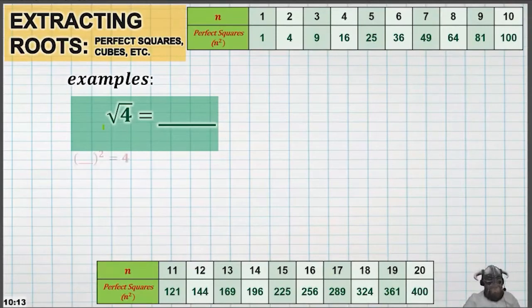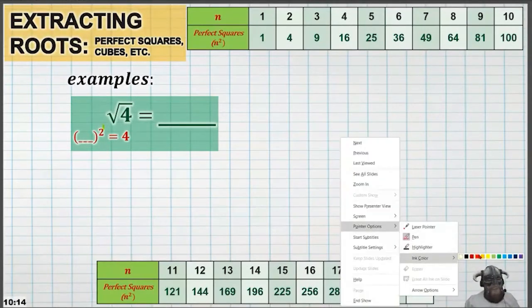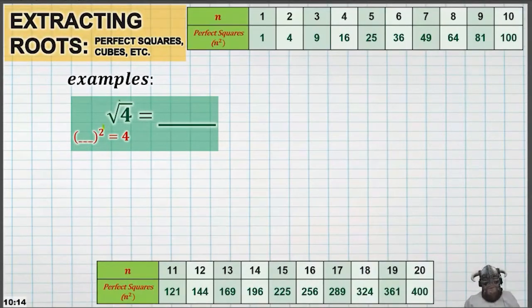But before we get that as a final answer, kuhain muna natin yung idea. Bakit 2 yung naging sagot? So, when we talk about roots or in this specifically square root, kapag square root yung pinag-uusapan natin, iisip ka ngayon ng number na pag ini-square mo, kasi nga square root eh, pag nag-square ka, ang sagot ay 4.